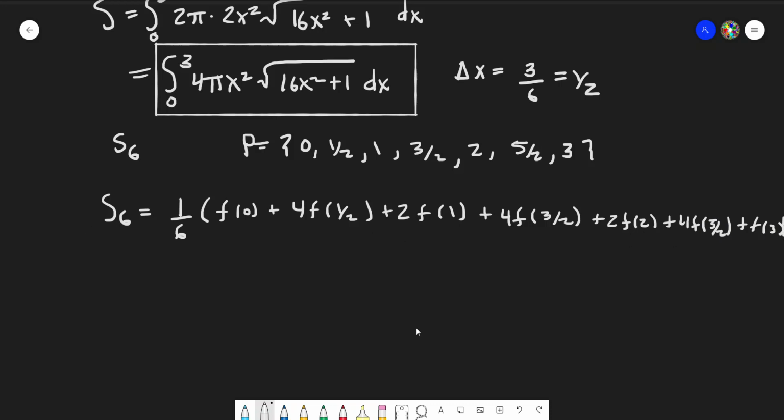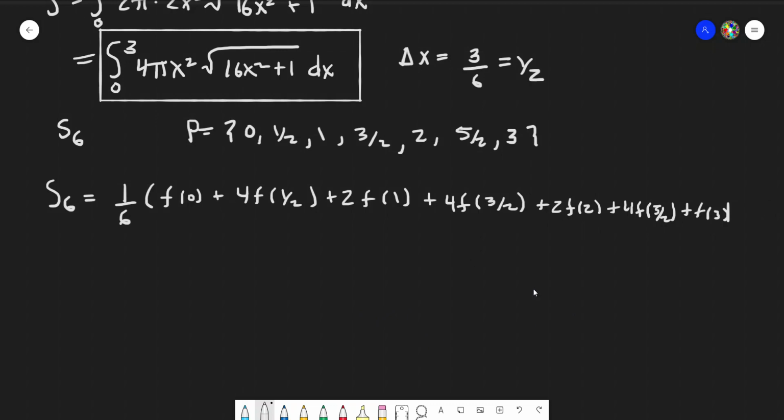Okay, so I ran out of room a little bit, but here is the approximation, or the math that you'll need to do for this one.